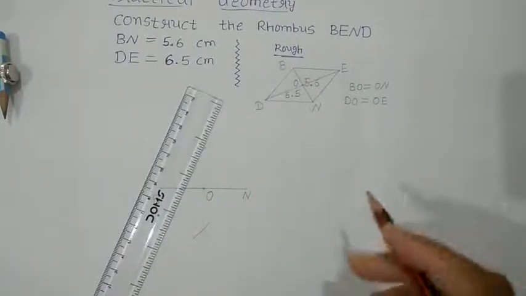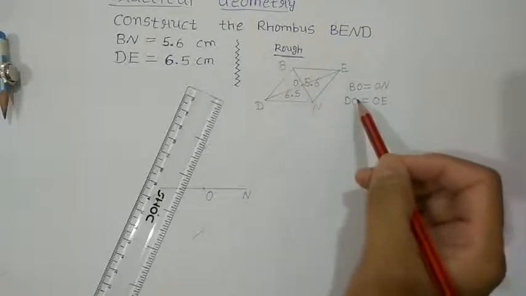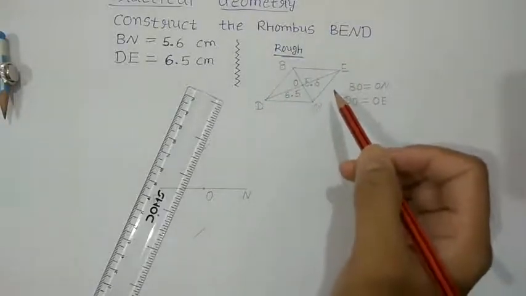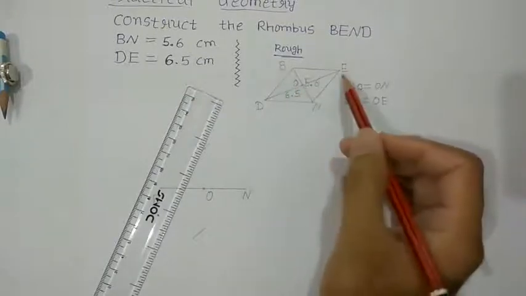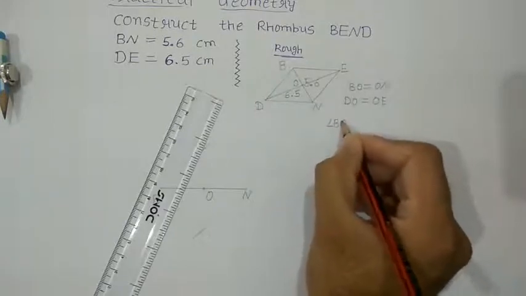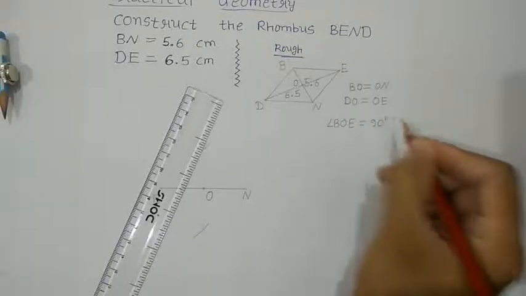Here we have to use one more property of the rhombus, that the diagonals of the rhombus intersect each other at right angle. Right angle means this angle BOE will be of 90 degree.